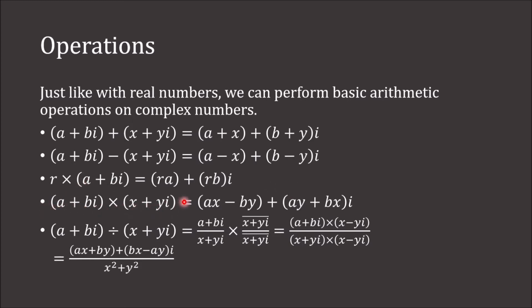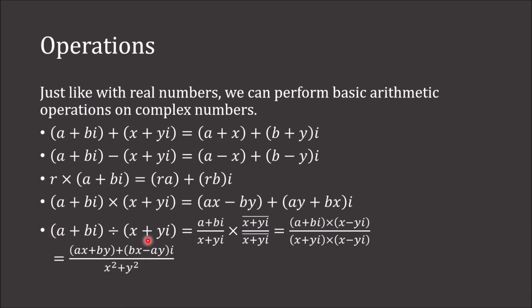You multiply the real part by the real number, and then you multiply the imaginary part by the real number. When you multiply two complex numbers, this works like foiling in algebra. So you'd have ax, then you'd have ayi, then you'd have bxi, and then you'd have bi times yi, but since i squared is minus 1, it becomes negative by.